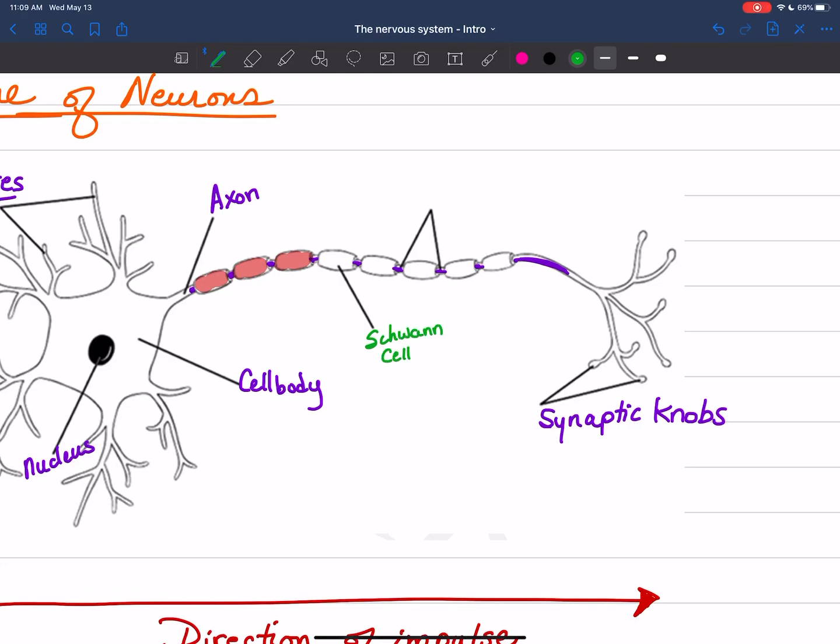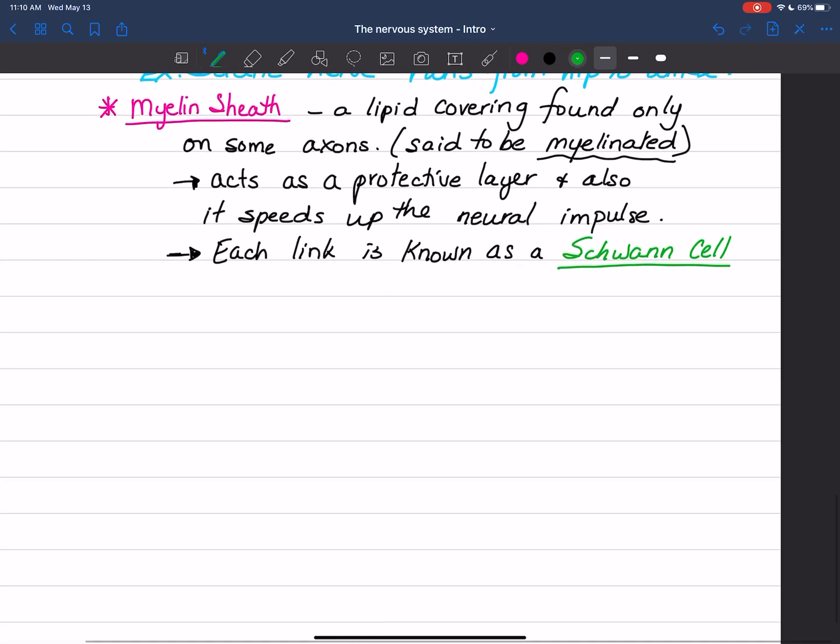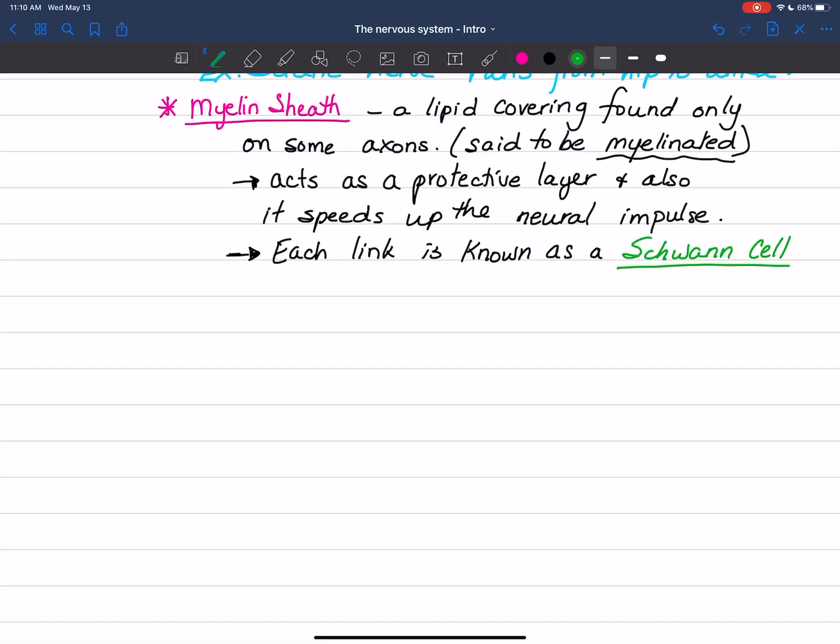Okay, the entire covering, this whole thing right here, is the myelin. Right, so we can say myelin sheath or myelin. So the entire thing is the myelin, and then each one of these guys right here is a Schwann cell. All right, and again, it's made of lipids.